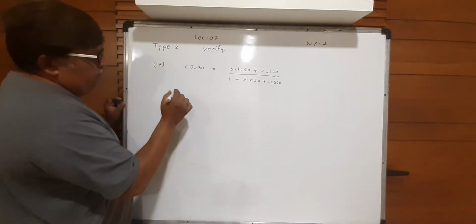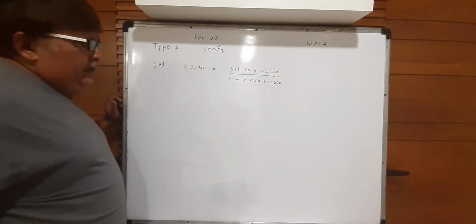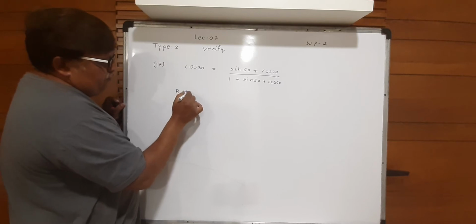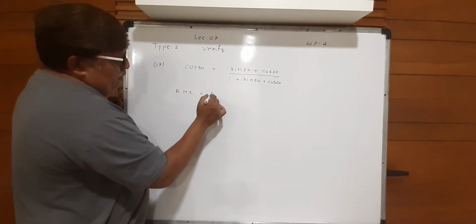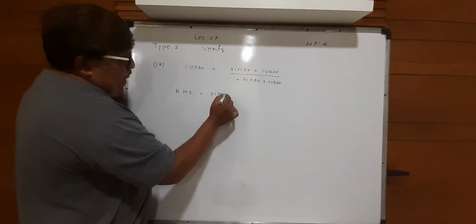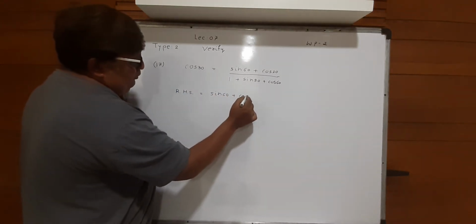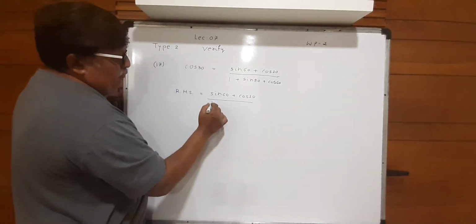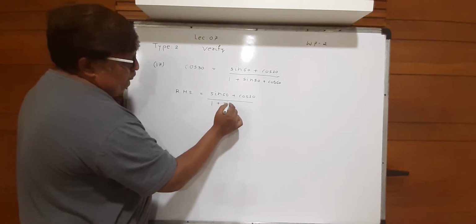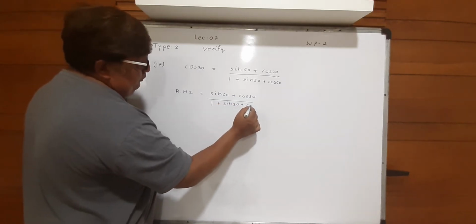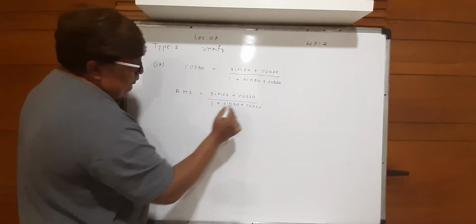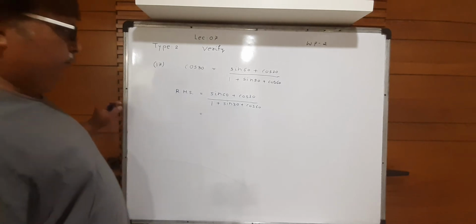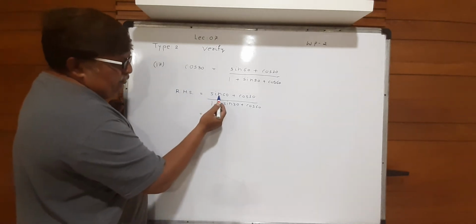Okay, first LHS. LHS is so simple, so first let us take RHS. First you write the expression: sin 60 plus cos 30 upon 1 plus sin 30 plus cos 60. After writing RHS, just check the values from the table.